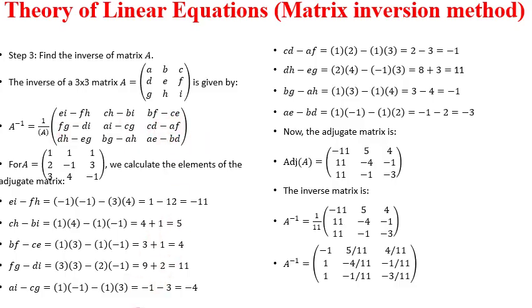The idea here is to form the adjunct from the minors, the 2 by 2 matrices that will be produced as we work on the elements of matrix A. Let's take the first element, that is the first element on the first row and the first column.